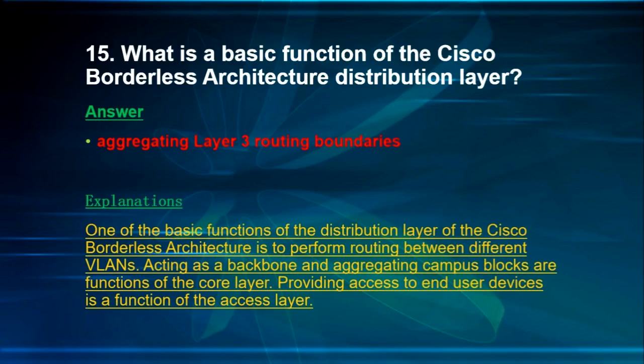One of the basic functions of the distribution layer of the Cisco Borderless Architecture is to perform routing between different VLANs. Acting as a backbone and aggregating campus blocks are functions of the core layer. Providing access to end user devices is a function of the access layer.